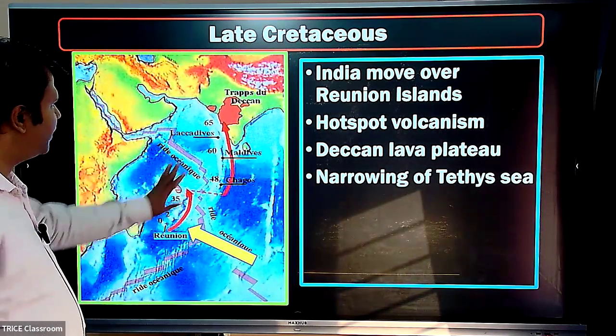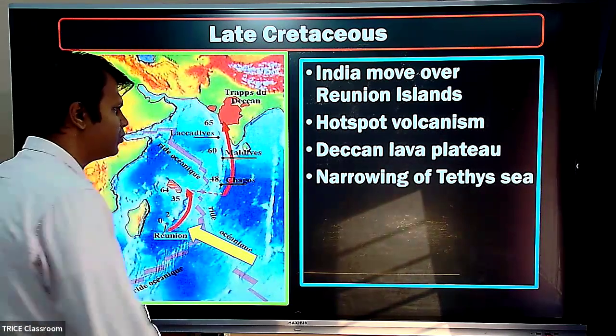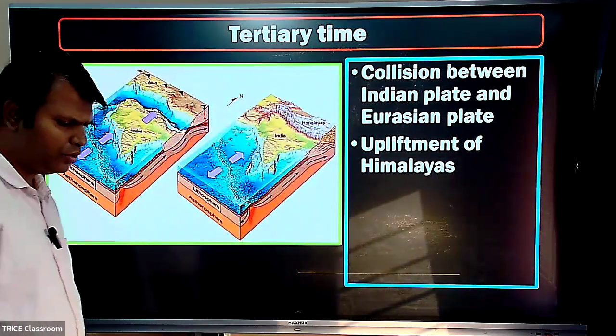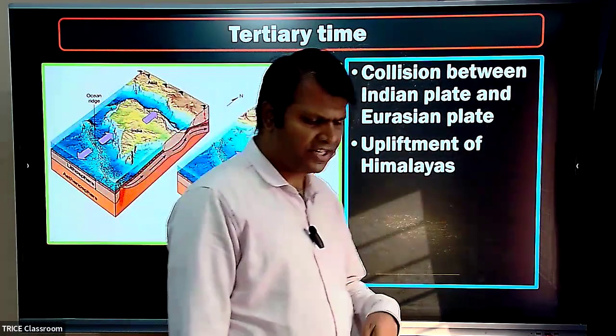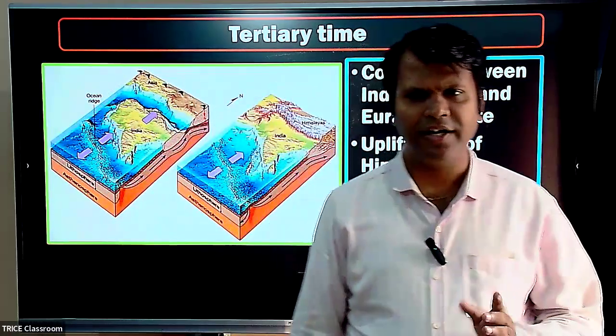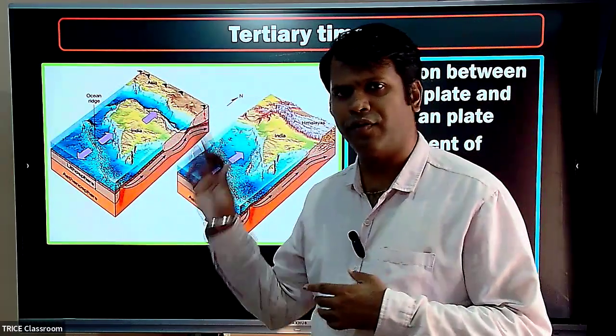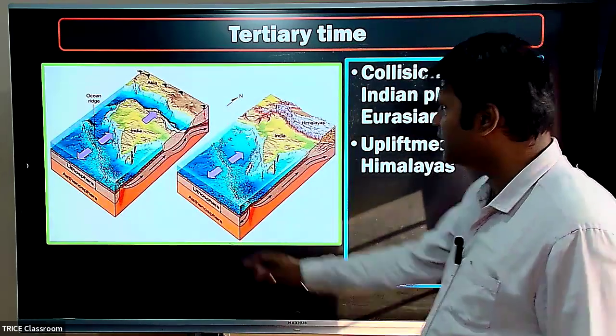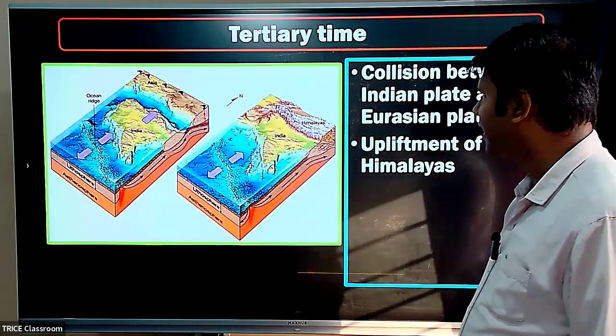This movement also narrowed down the Tethys Sea. When the oceanic plate of the Tethys Sea got subducted, I've already told you, it formed the Karakoram range. We've already discussed the Karakoram range in the Trans-Himalayan region yesterday. So this is how the faulting has taken place.